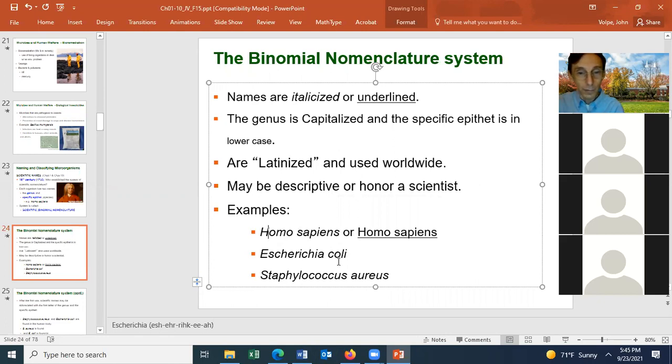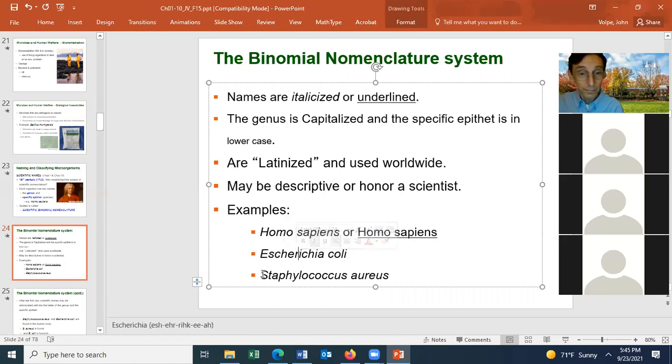Escherichia coli, which most people call E. coli, is both descriptive and honoring. Coli is where it's found, in the colon. Escherichia is named after Escherich, an early microbiologist, so it is honoring that scientist.